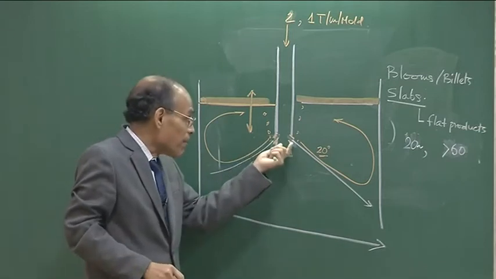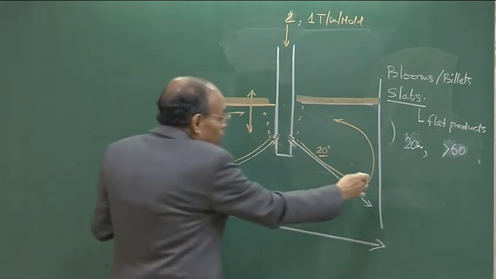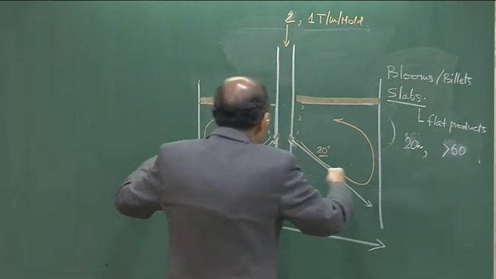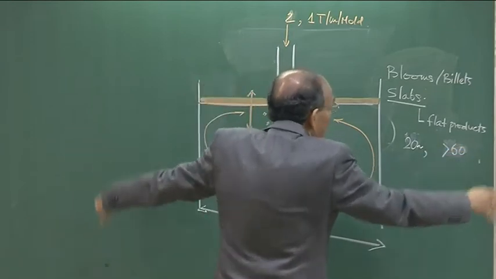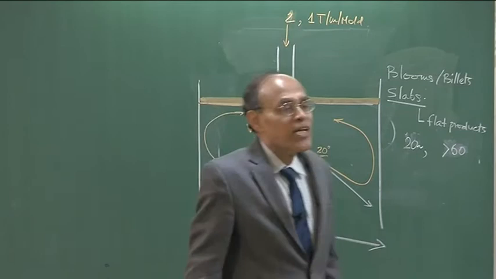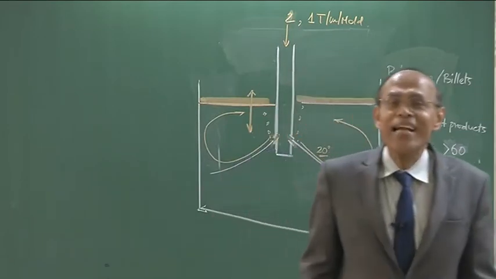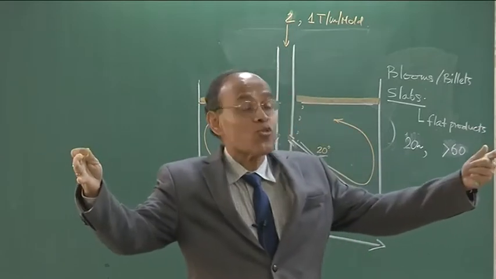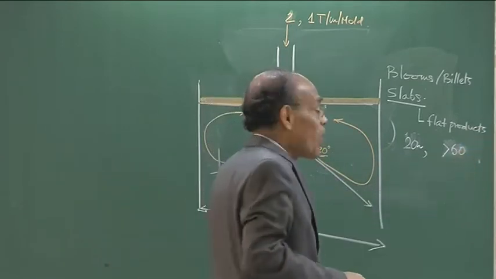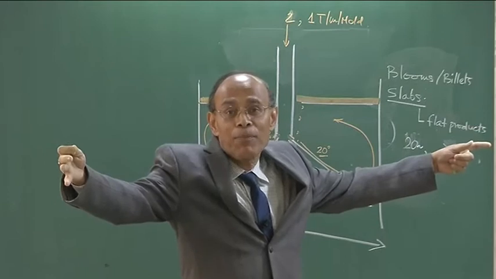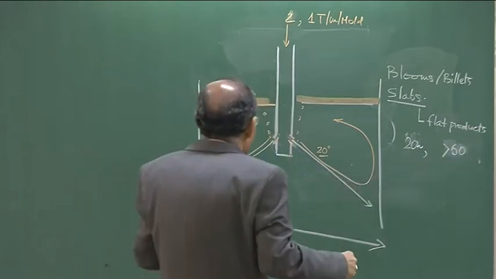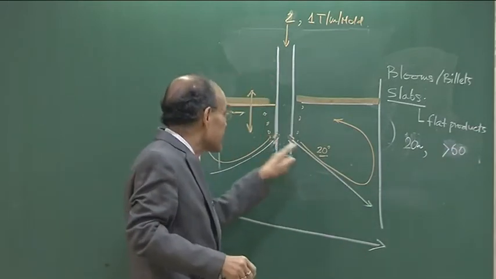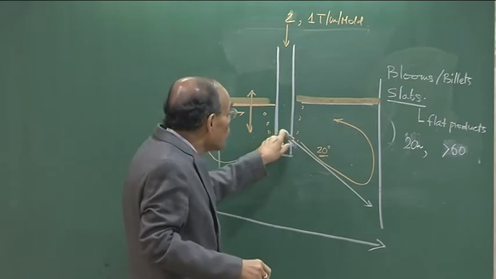Now, this taper works for a given thickness, but today the increasing tendency is to produce slabs which are not 1200, not 1800, not even 2200, but even more, close to 3 meters wide. 9 feet wide slabs are being manufactured, and in that case this kind of single taper or 2 nozzles may not work.